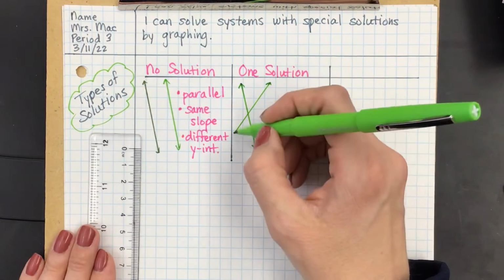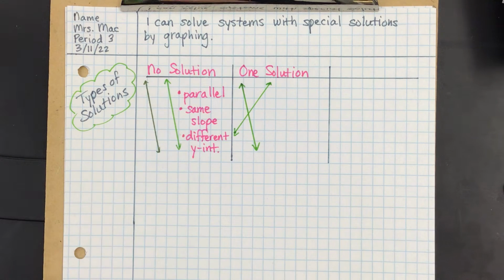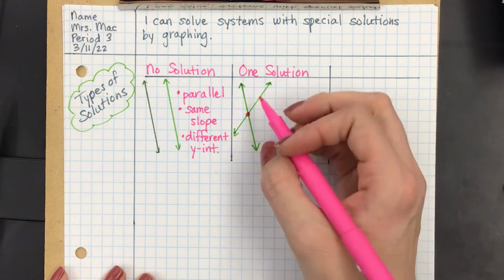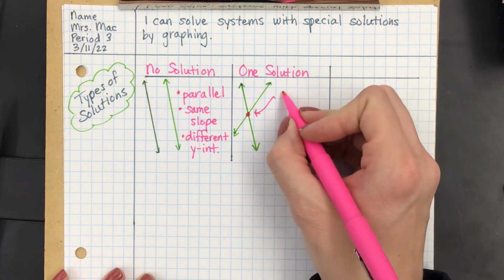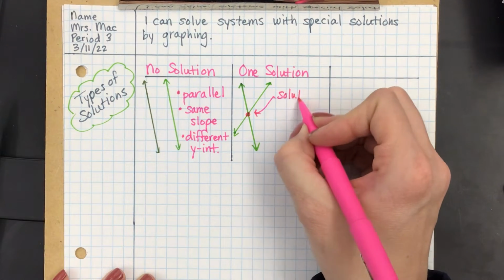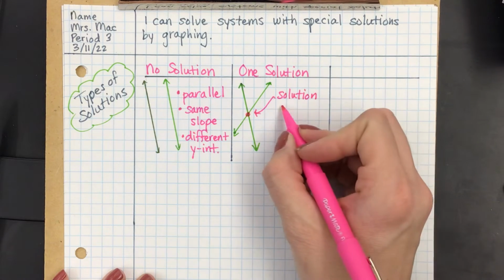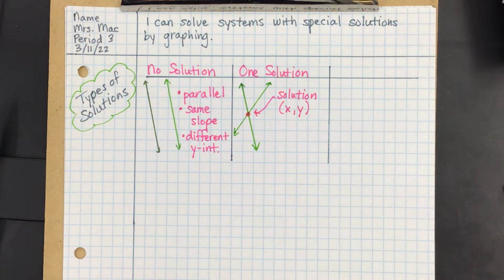Here's what a graph might look like: two intersecting lines. This point right here is where they intersect, so this is where the solution is. The solution is a point x, y, okay? So your solution will be in that form, x, y.